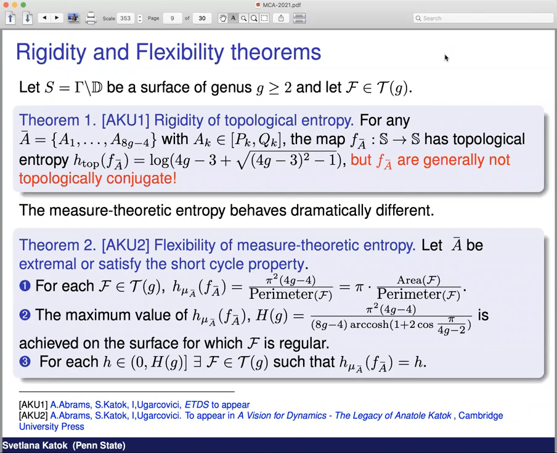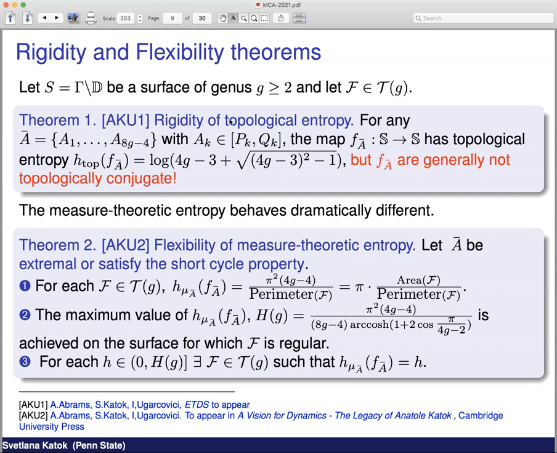So the first, the standing assumption is that S is a surface of genus greater than or equal to 2, and F is a point in the Teichmüller space. So with the surface, I also look at the fundamental domain, which is a 4g-gon.